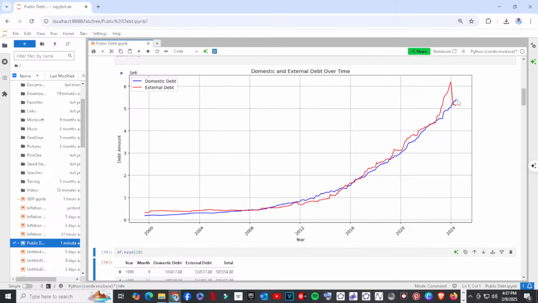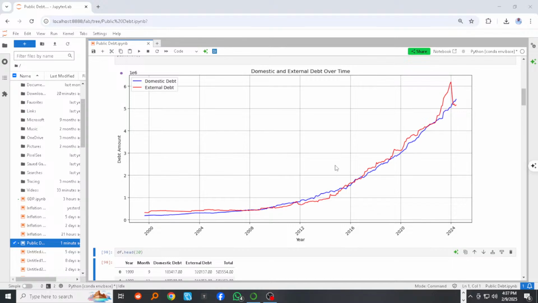But then again, we see a spike in external debt around 2024. That means that the current government has borrowed more externally than domestically. So it kind of has a policy of trying not to crowd the domestic market, for businesses to thrive.